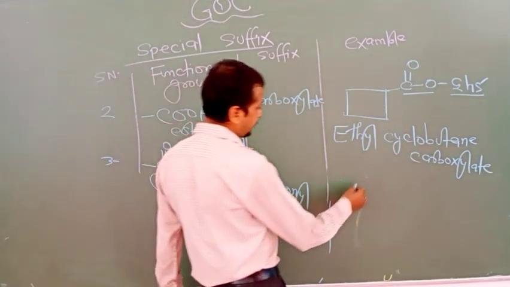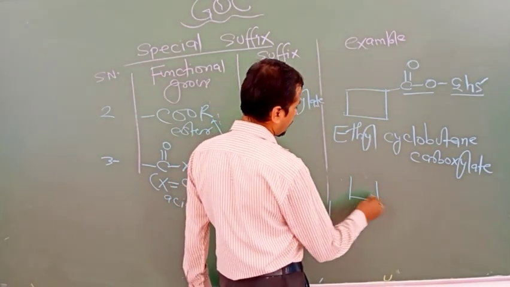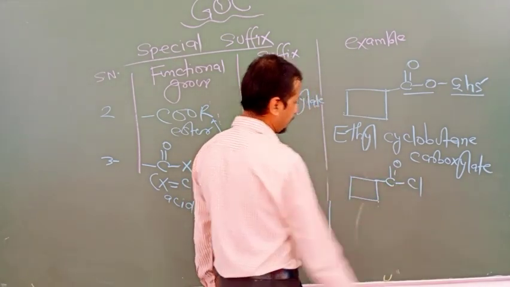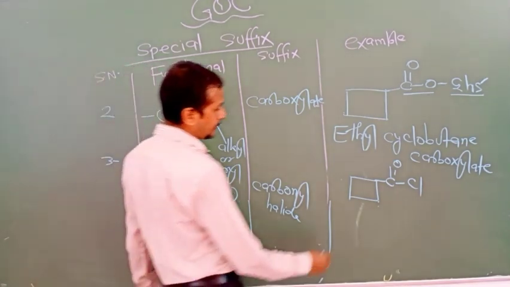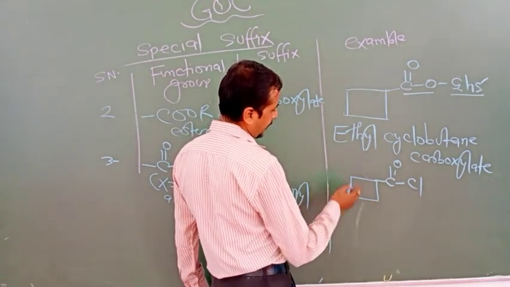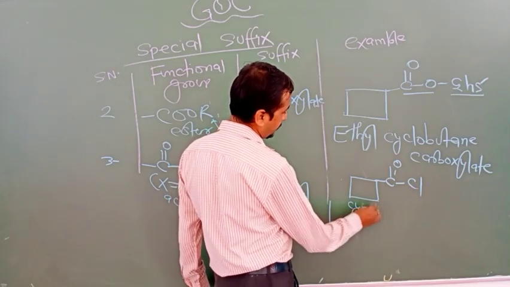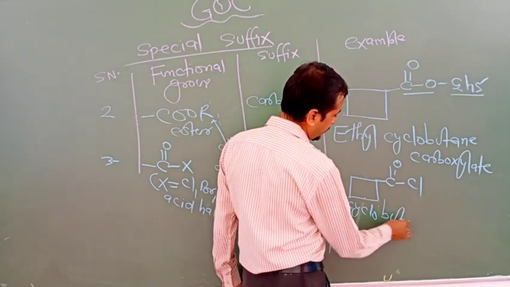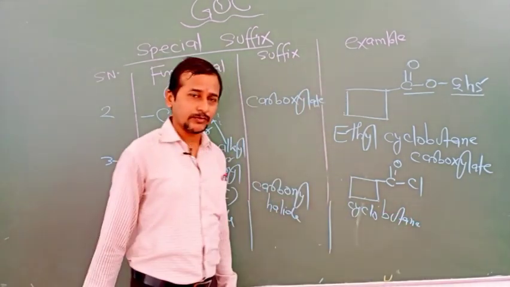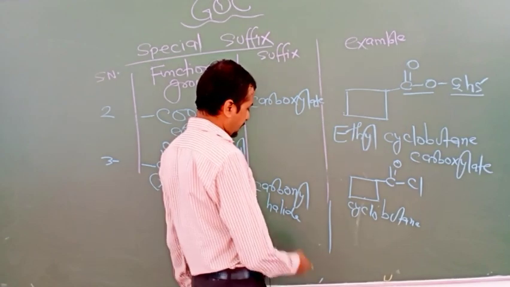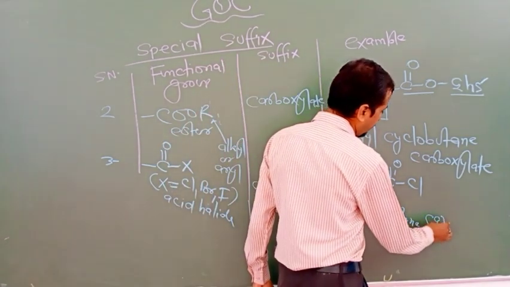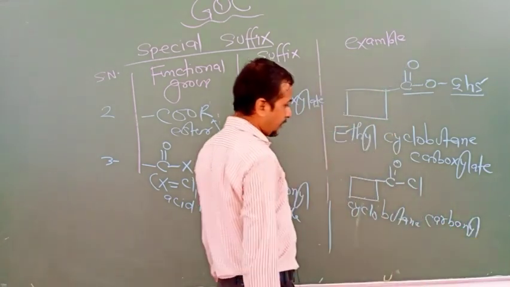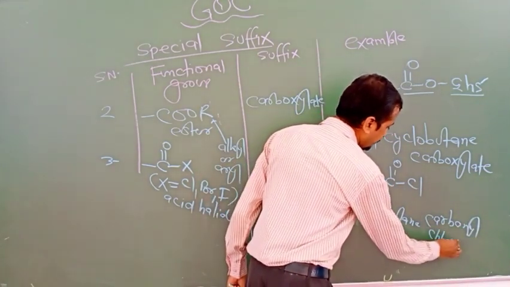Now the example, a ring contains C double bond O Cl. So again this is a cyclic compound, so that's why you write cyclo, and 4 carbon is there, that's why you write butane for 4 carbon, and now add carbonyl chloride.